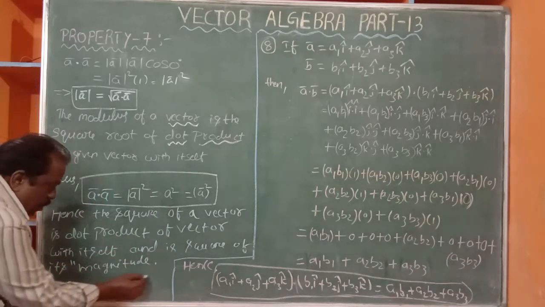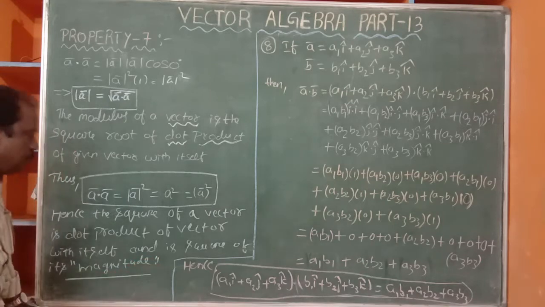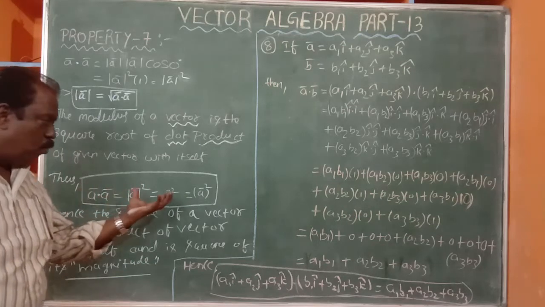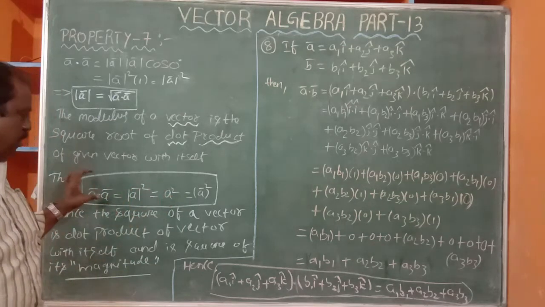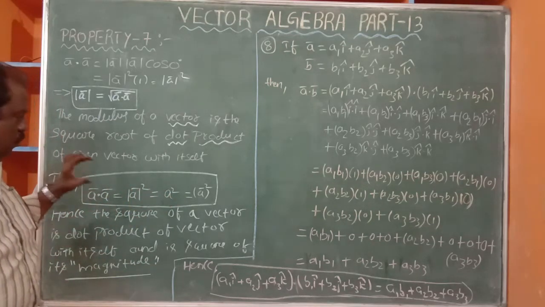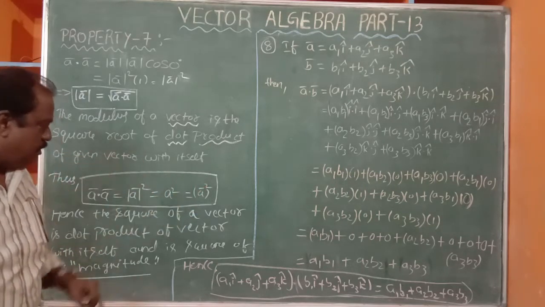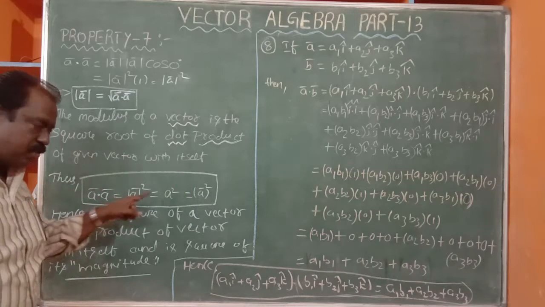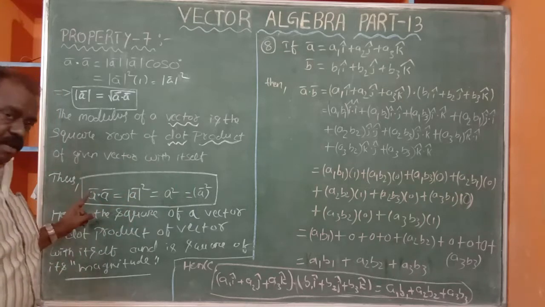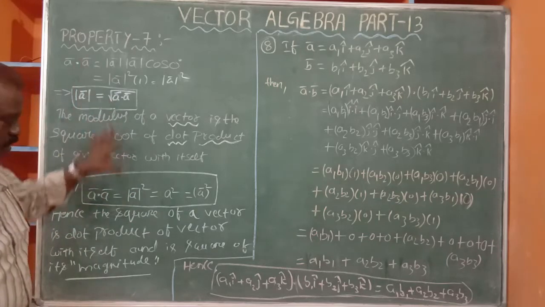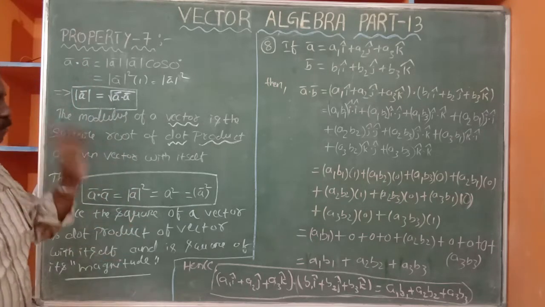It is important. Once again, this box you have to remember, record it in your mind. The square of a vector is the square of its magnitude, and it is the dot product of itself. This is the main concept.